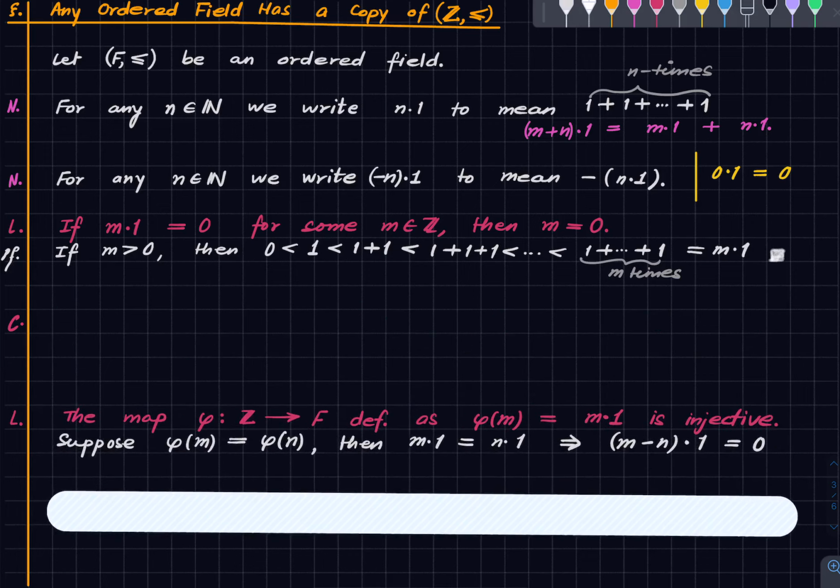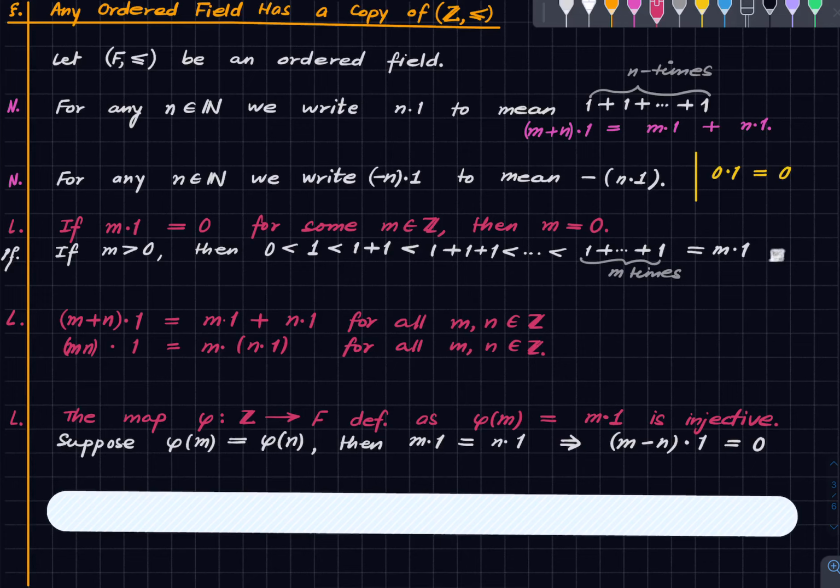So the property that I want to highlight is, this is an exercise. m plus n dot 1 equals m dot 1 plus n dot 1 for all integers m and n, and m times n dot 1 equals m dot n dot 1 for all integers m and n. So this is an exercise. Very simple.